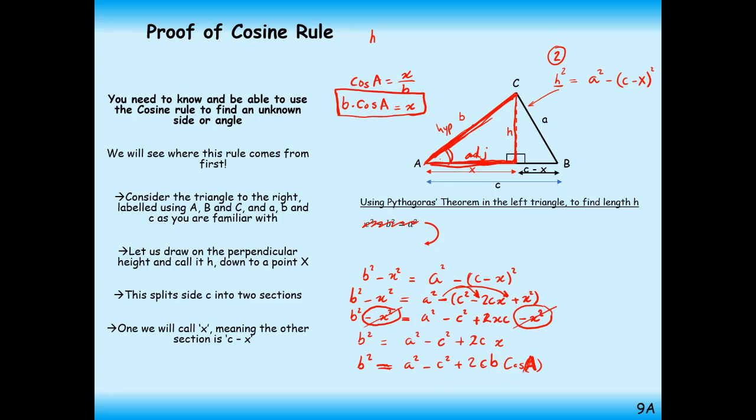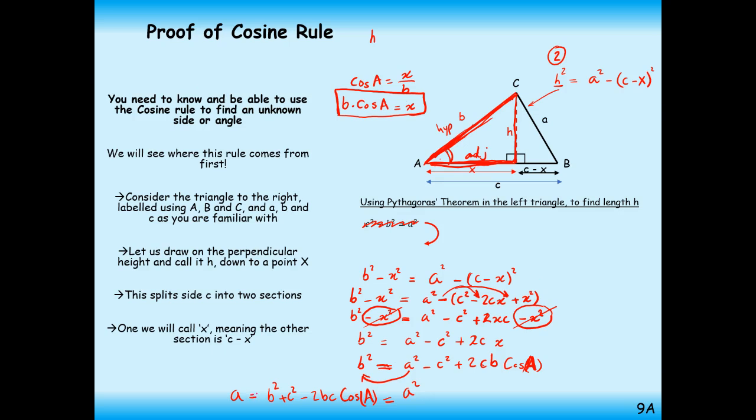Now, in general, the formula is written like so. If I keep a squared on one side, then everything else will be b squared plus c squared minus 2bc cos A. This is the general form of the formula you will be given.